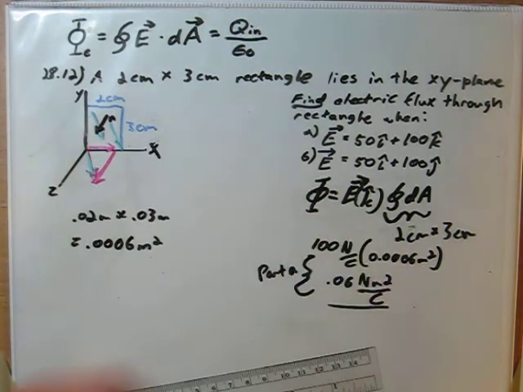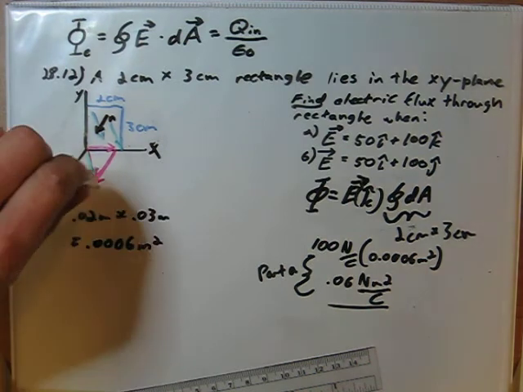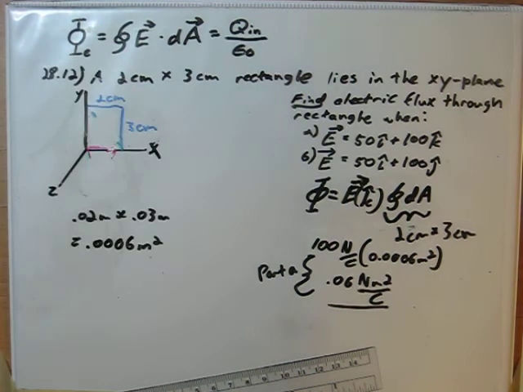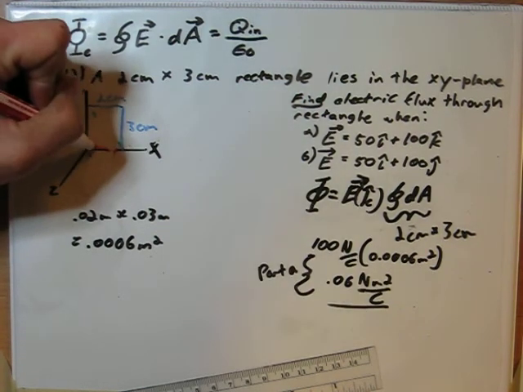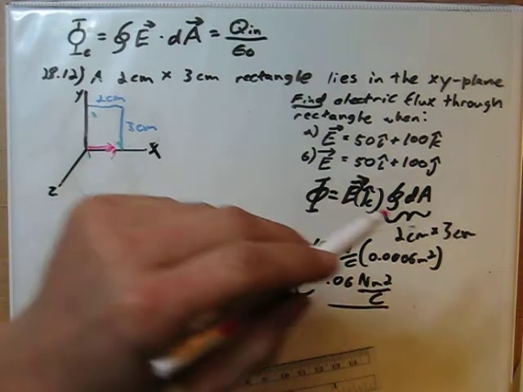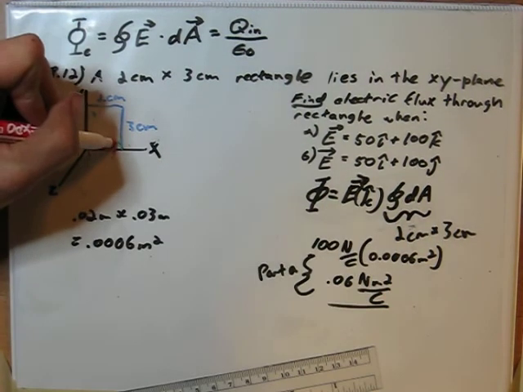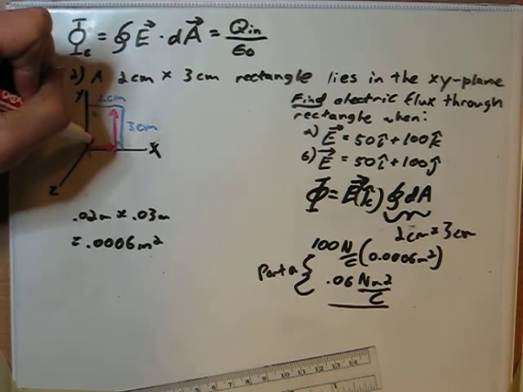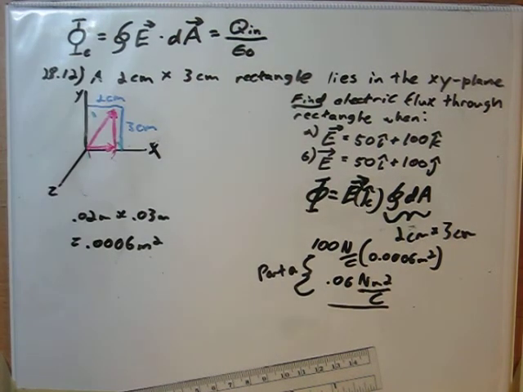That's our answer there. So let's look at part B. Part B is just changing the direction of our E field. Let me see if I can not destroy this drawing too much, just to illustrate the point. We're going to go 50 in the i hat direction plus 100 in the j hat direction, and so the sum of those two vectors would be something like that, let's go back to green.